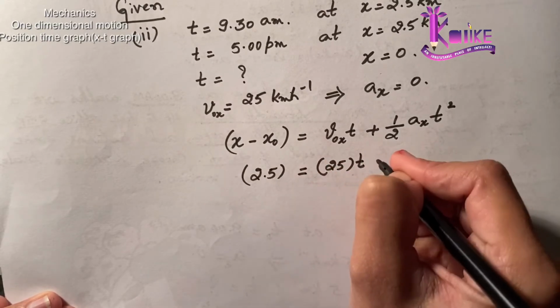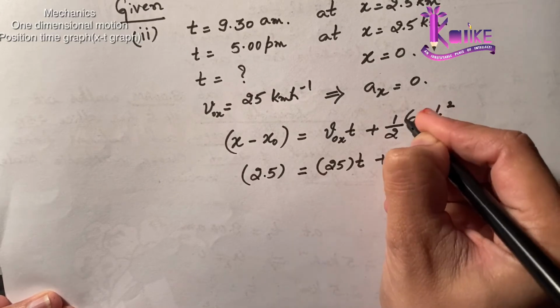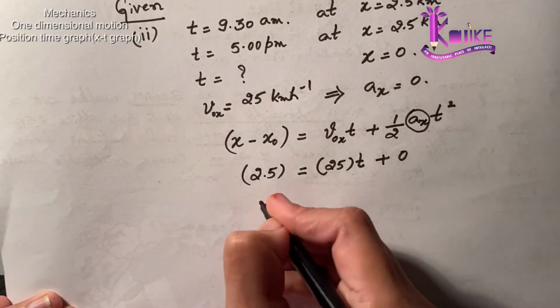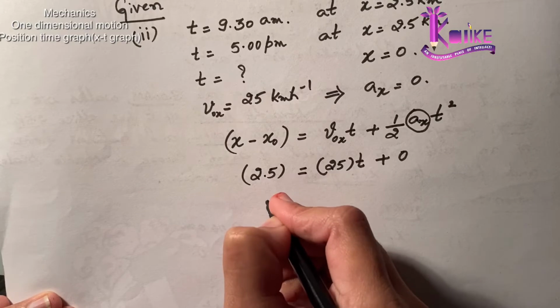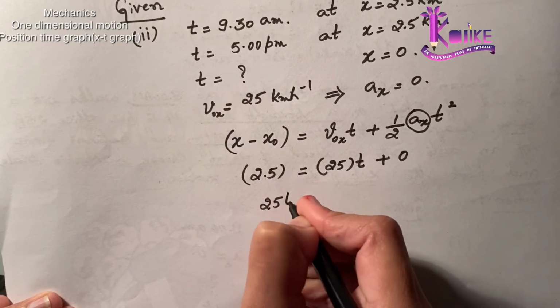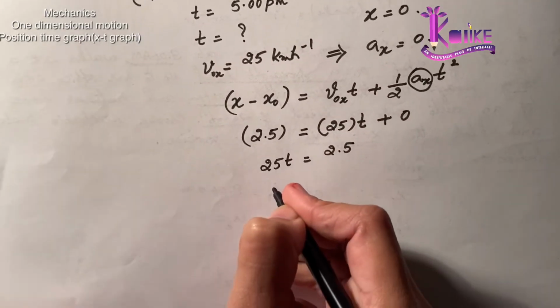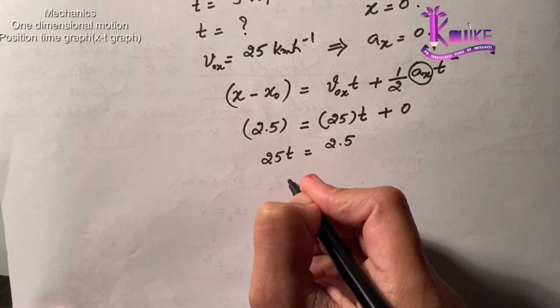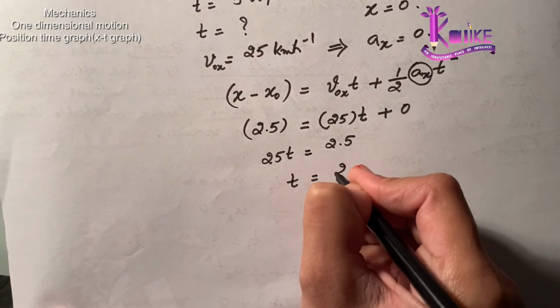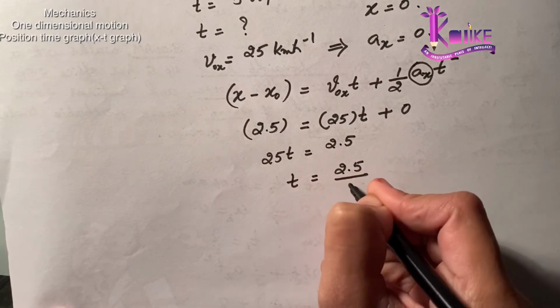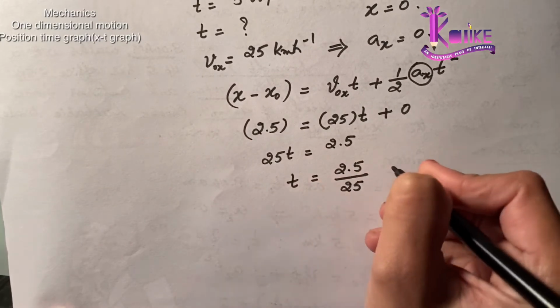We have to calculate time. This is again 0 because ax is 0. So, now this will be 25t is equal to 2.5. Therefore, t is equal to 2.5 divided by 25.